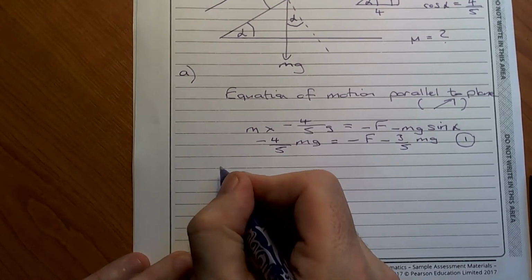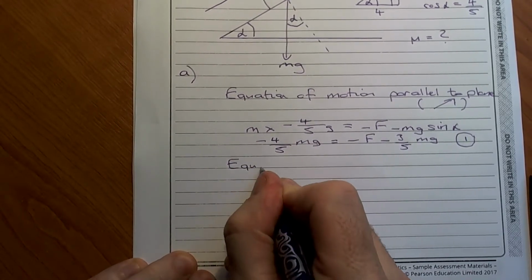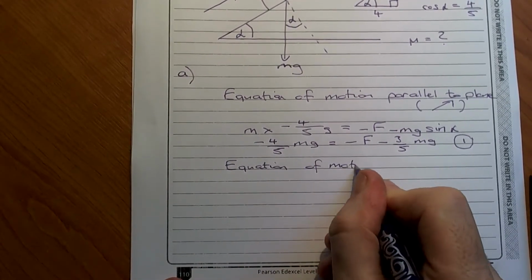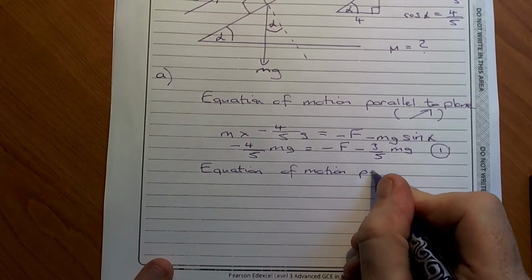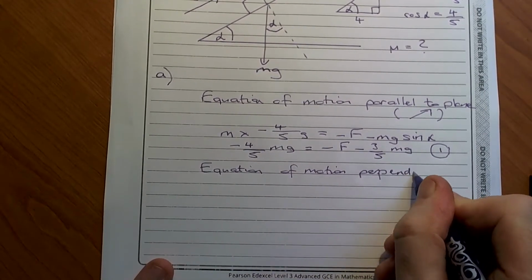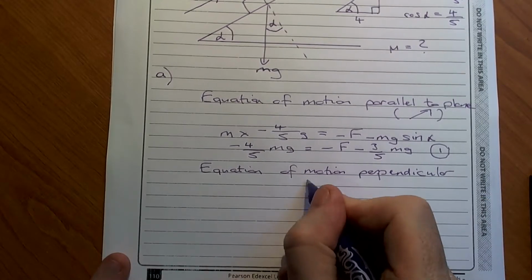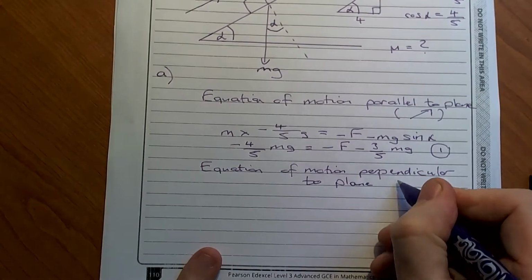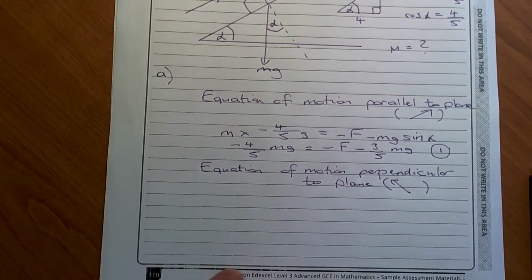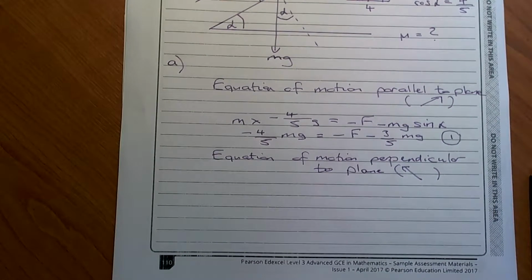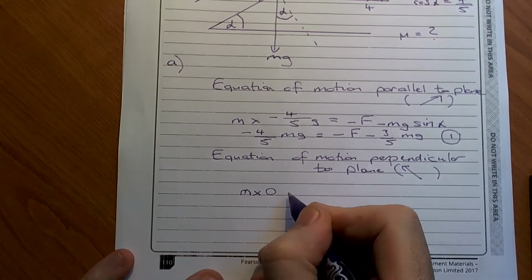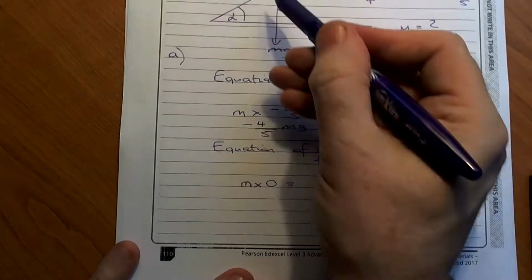Second equation I want is equation of motion perpendicular to plane. And the direction I'm going to put that in is an arrow up to the left there. So what's our acceleration perpendicular to the plane? Well, it's 0. So we've actually got m times 0 equals, what have we got in this direction?